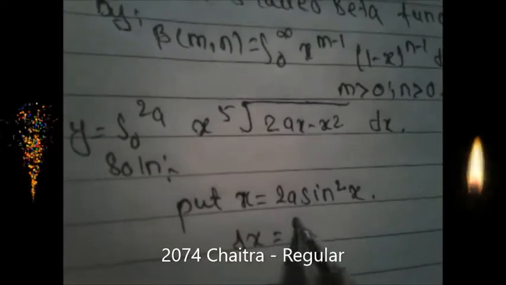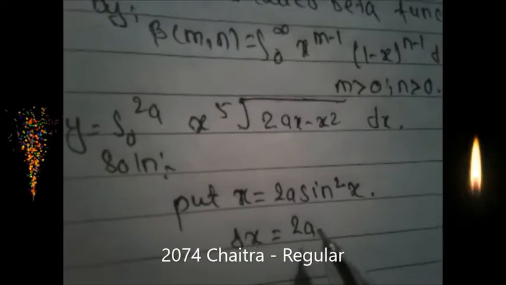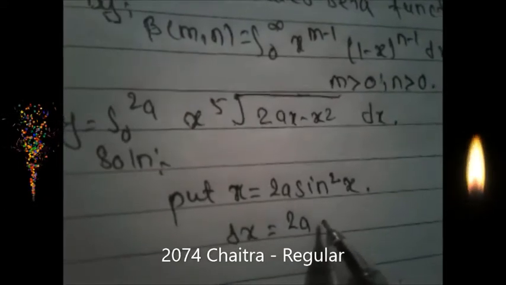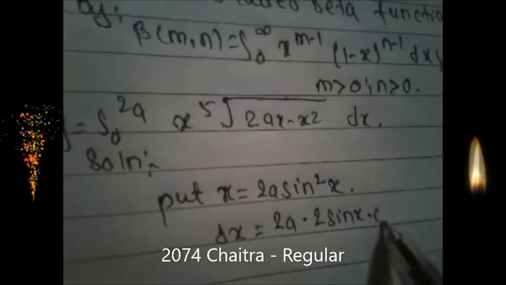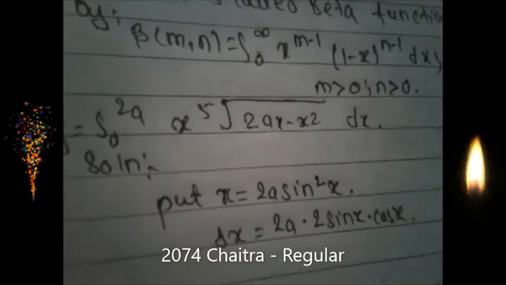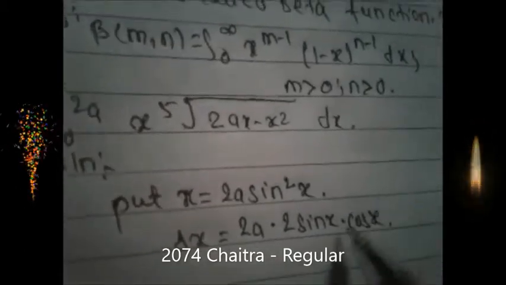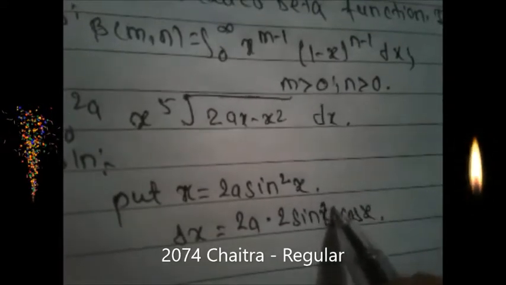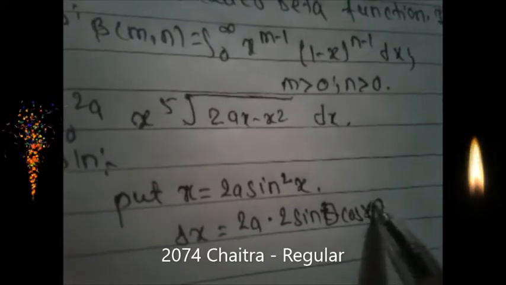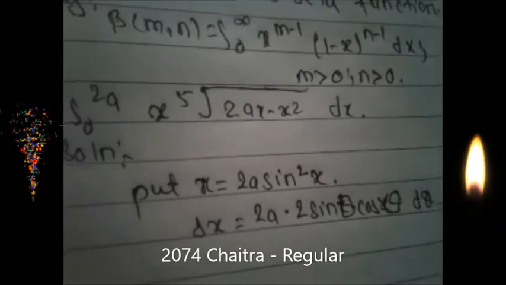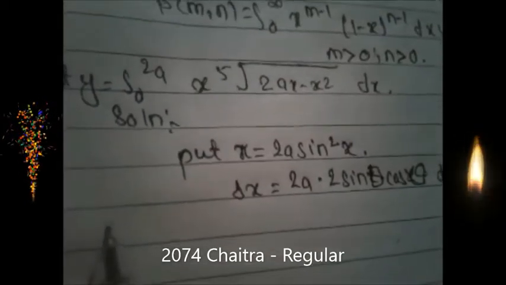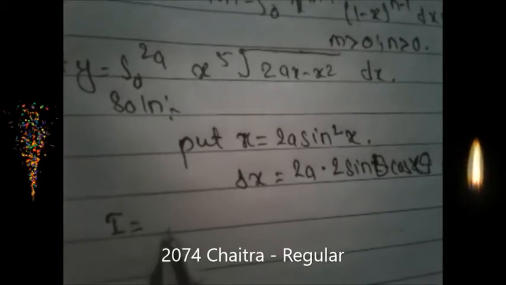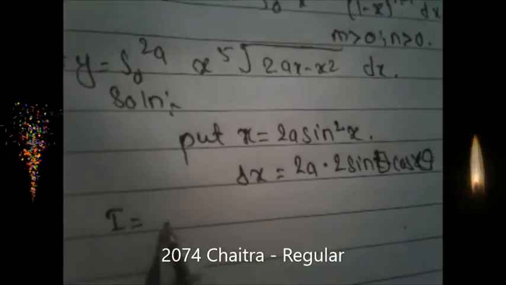dx is equal to 2a into 2 sine theta cos theta d theta. Now we put the value in I is equal to the integral of x raised to power 5.